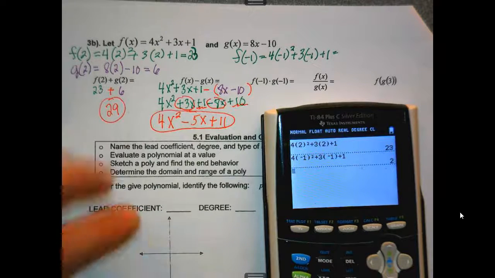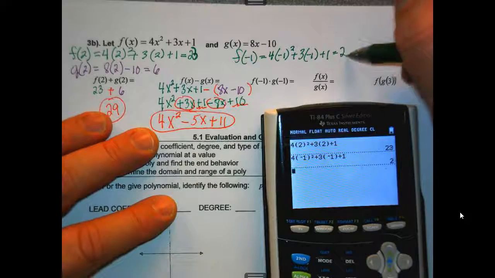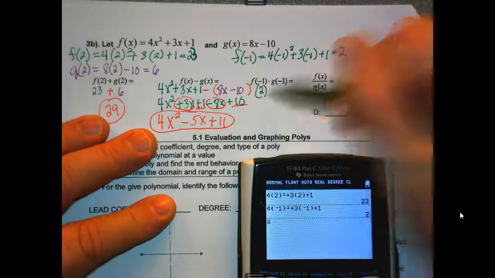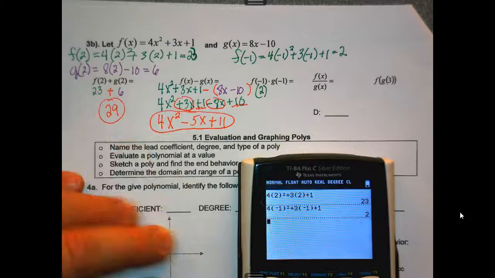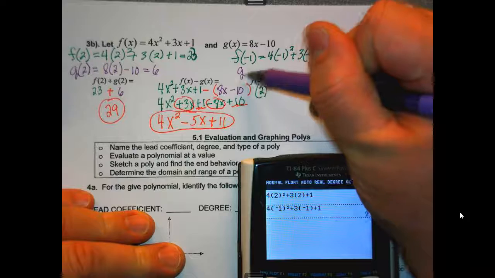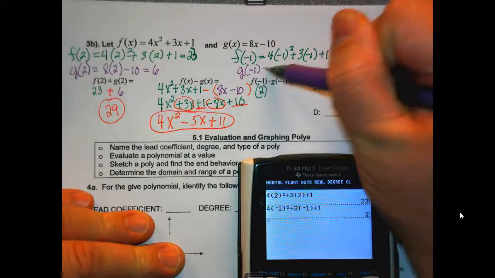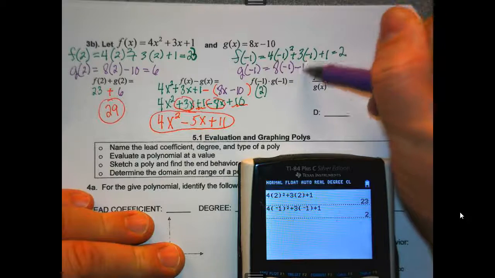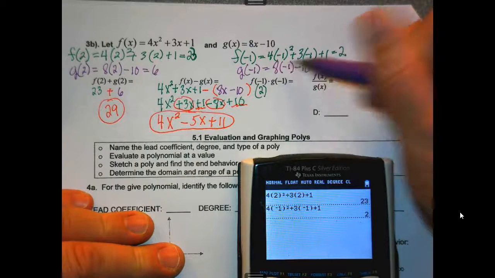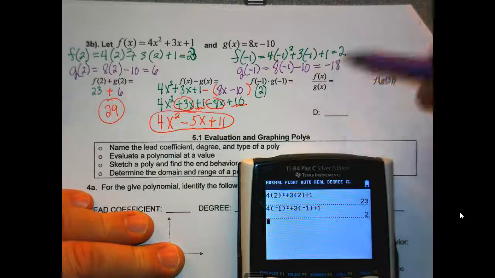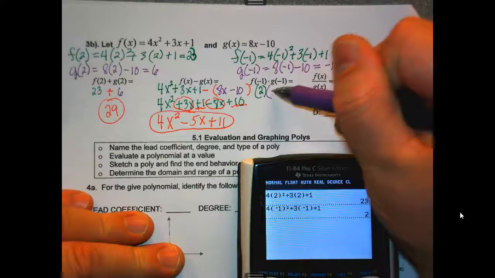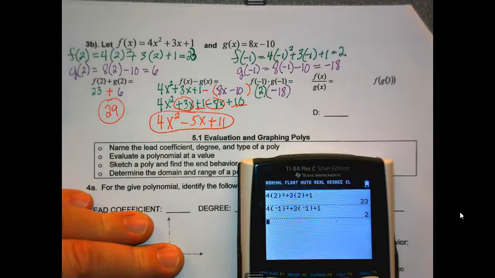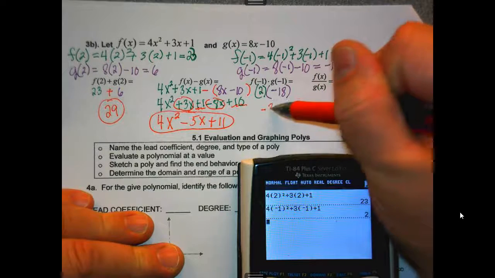Hit enter, and I get 2. So f of negative 1 is 2. Got to multiply it by the g of negative 1. 8 times negative 1 minus 10. Negative 18, good. So I'm going to multiply this by negative 18, and my answer is going to be negative 36.